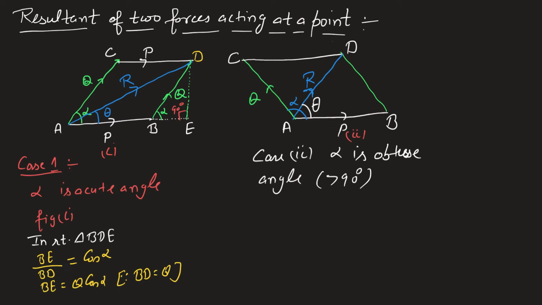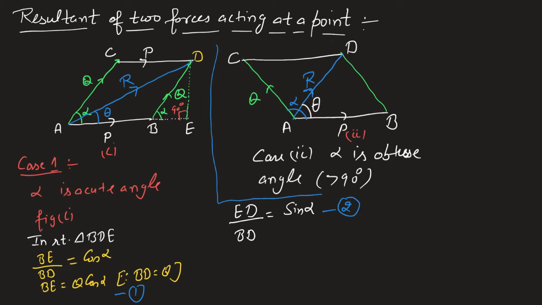Secondly, we will also see in the same triangle what will be ED upon BD. It will be sin alpha. Okay, so you can name these equations as equation number 1 and equation number 2.